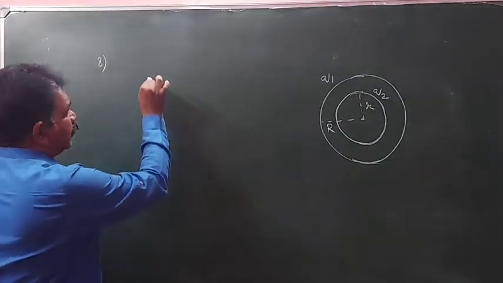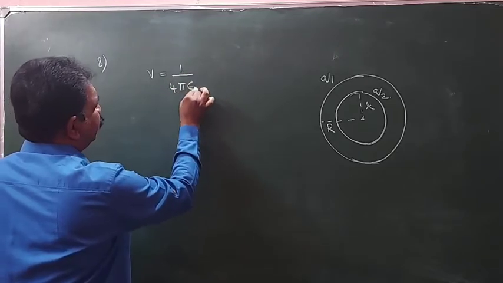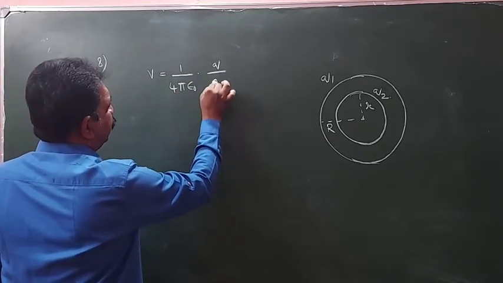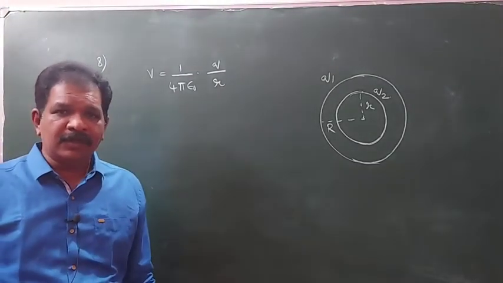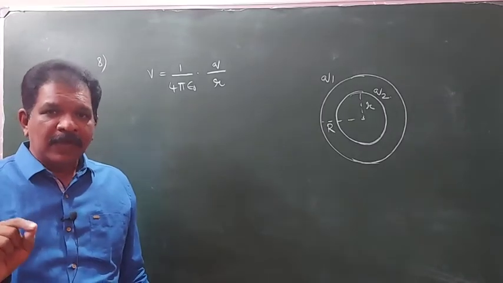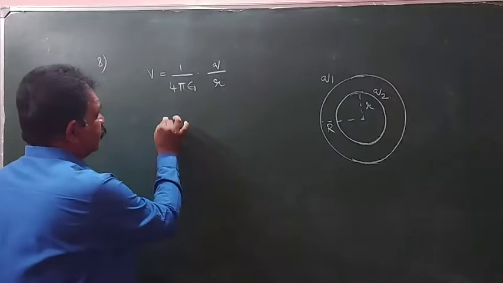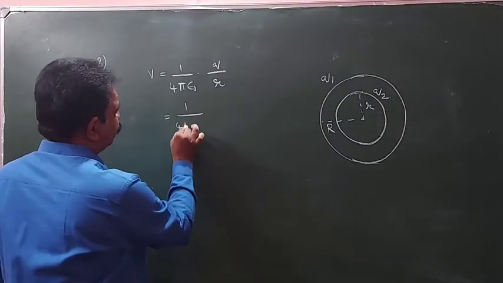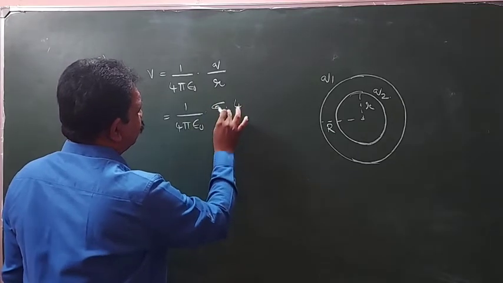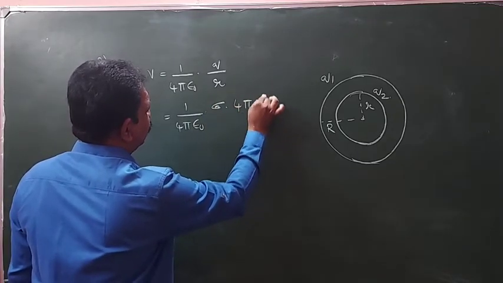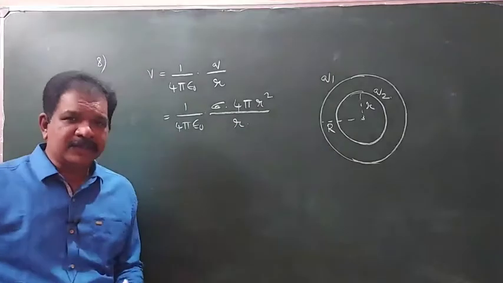Okay. Electric potential formula, inside and on the surface, V is equal to 1 by 4 pi epsilon naught Q by R, R is the radius of that sphere. This Q value, I am writing as sigma into 4 pi R square by R. Point is clear?